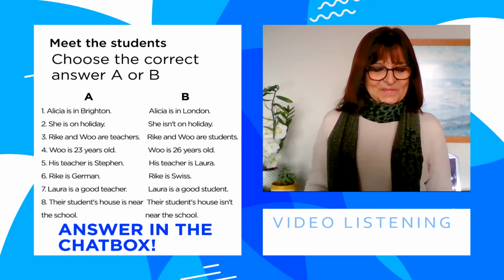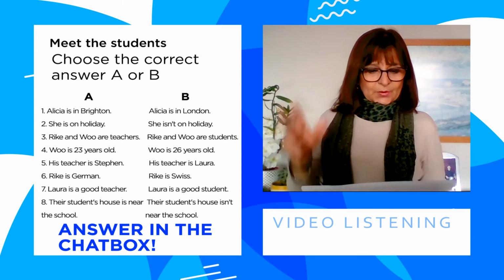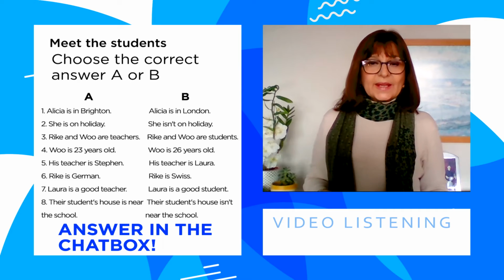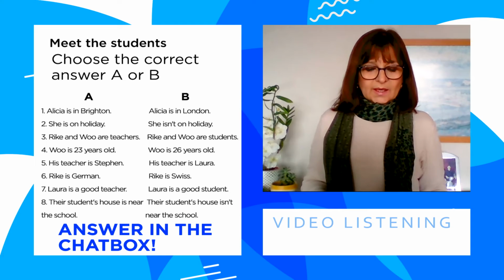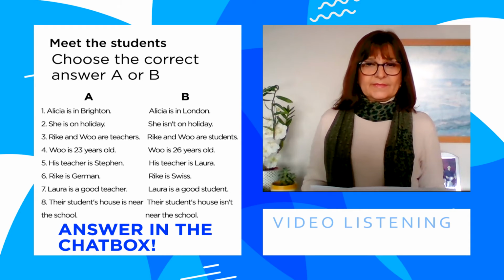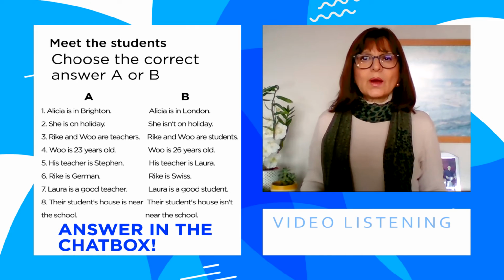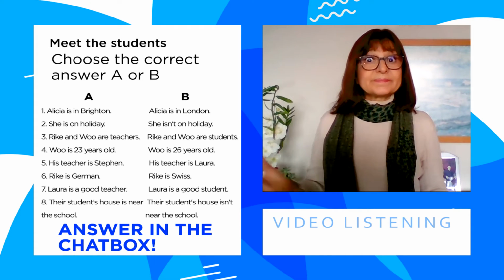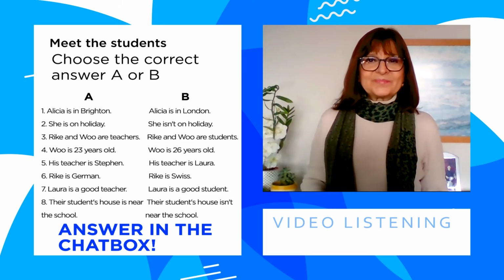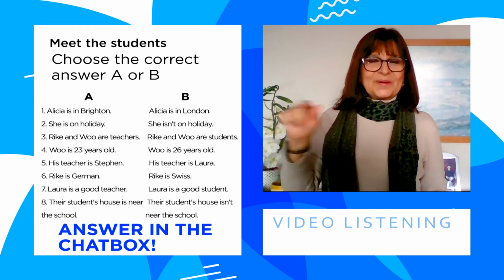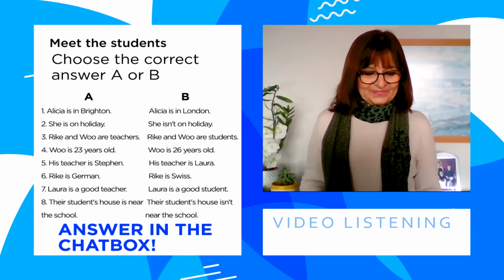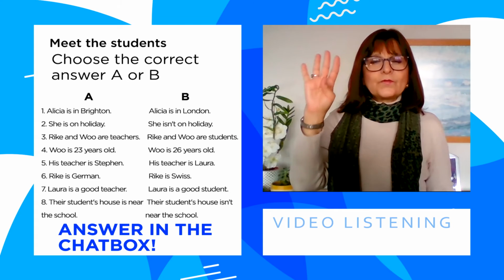Number 3. Rika and Wu are teachers. Option B. Rika and Wu are students. A or B? Come on, write it. Number 4.